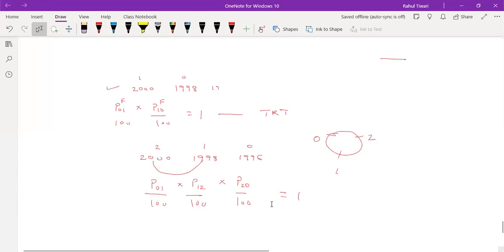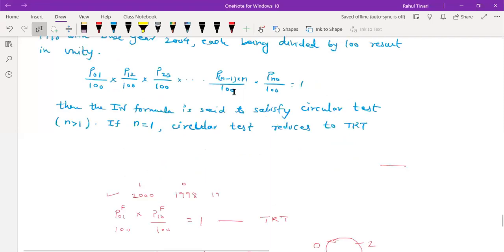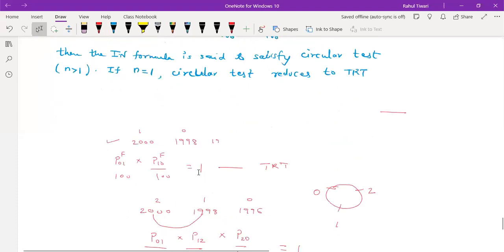Is that clear to all? Yes, sir. When we have more than 1 year, you can create a circular test or simply use this formula, and then based on that you can solve the problem, but actually the problem is not based on the circle.